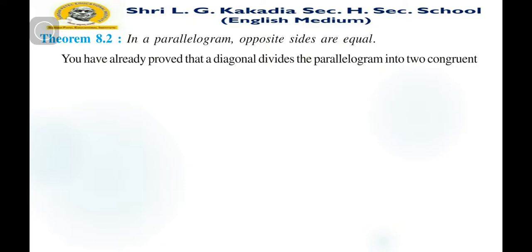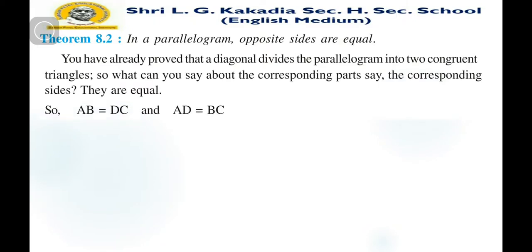Now theorem number 8.2: in a parallelogram, opposite sides are equal. We proved in theorem number 8.1 that the diagonal AC of ABCD divides it into two congruent triangles.